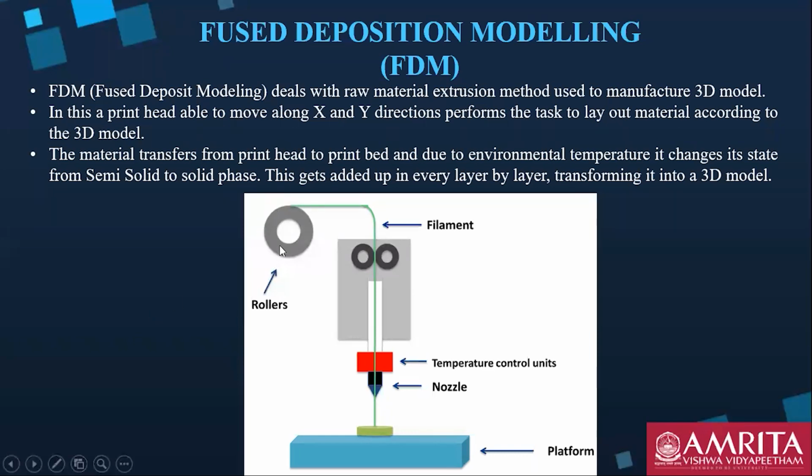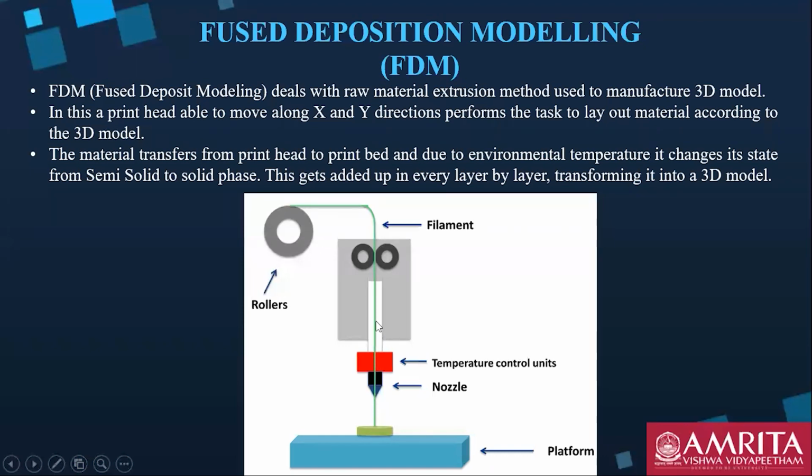Similarly, in FDM we have a raw material in the form of plastic given in filament form. Over here, the basic component consists of rollers. This roller carries the spool of the filament. I will show you how it looks in real printers, and also the different types of spools available. This filament is a thermoplastic material. The roller directs it towards a nozzle system, which carries heating coils.